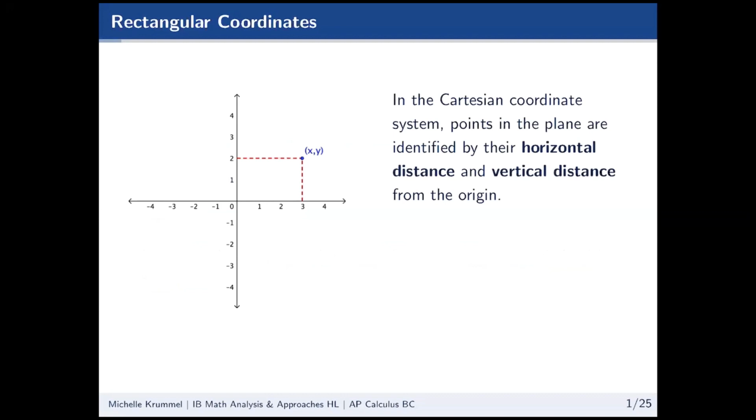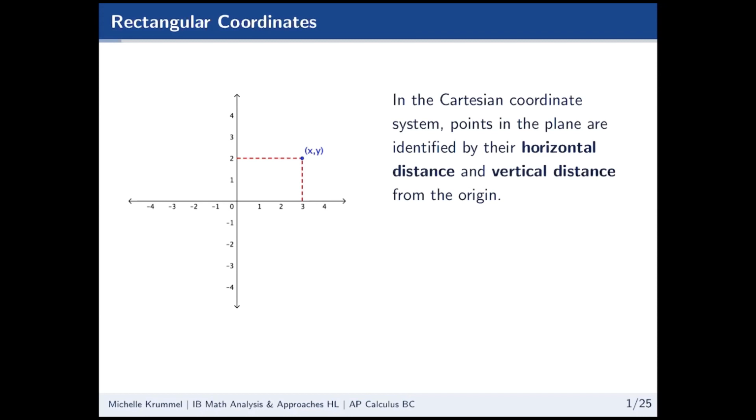In the Cartesian coordinate system, we know that we can get to any point in the plane by starting at the origin and moving a certain amount in the horizontal direction and then a certain amount in the vertical direction. So all points in the plane are determined by their x-coordinate and y-coordinate in this Cartesian coordinate system.